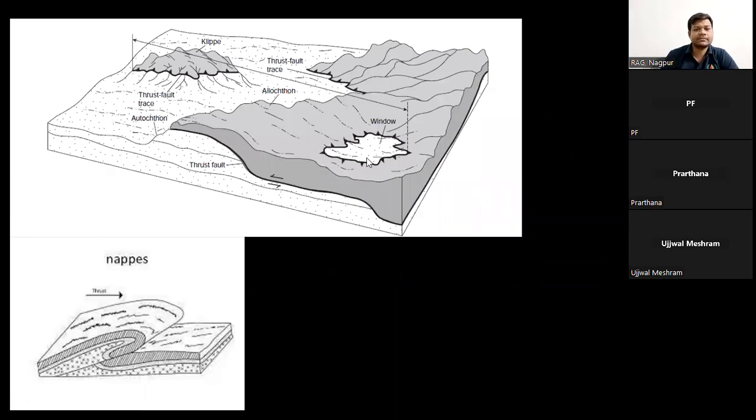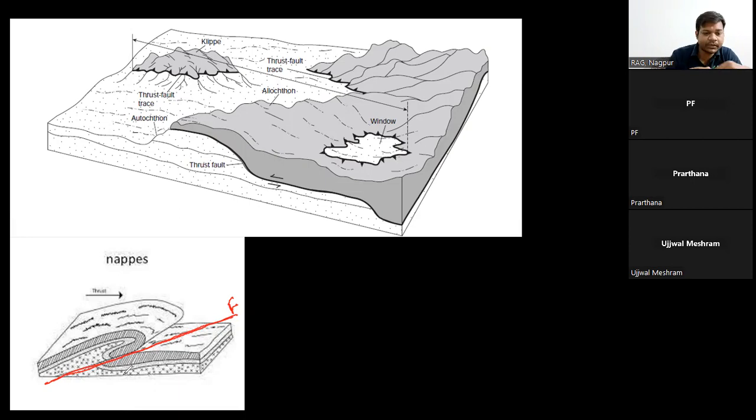You can see here, this is the nappe structure. This is the faulted zone, or this is the fault, and this fault is a thrust fault.